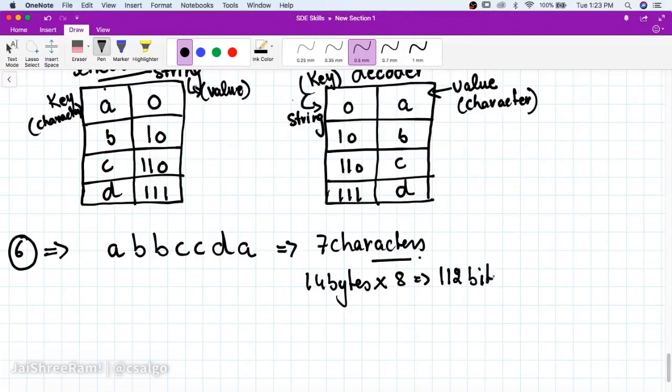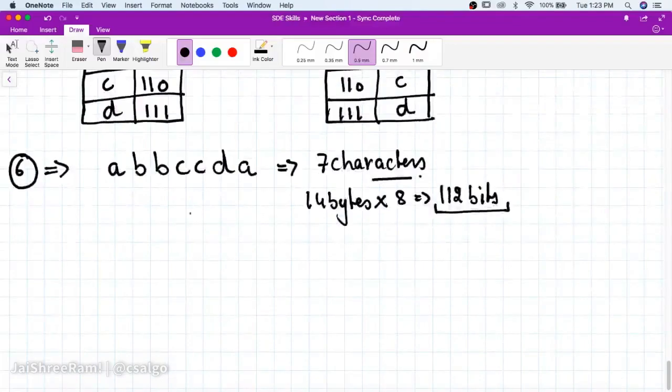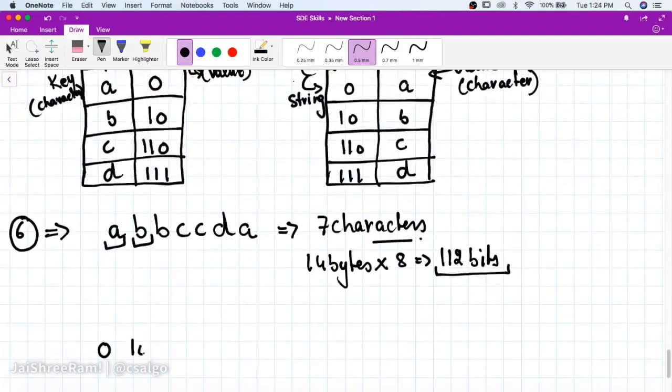This string will be taking up space inside the hard disk. We will be storing the string in the file, so it will be taking 112 bits. Now if I use the Huffman encoding technique, for A I will add just 0, for B I will add 10, and for another B, 10, for C I will add 110, and again C 110, and D 111, and A is again 0.